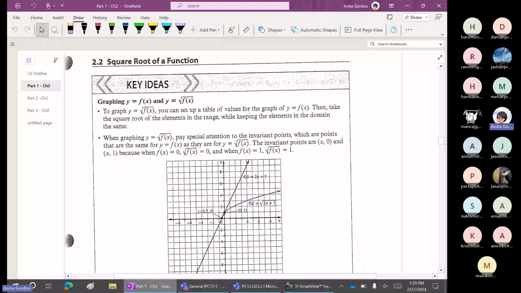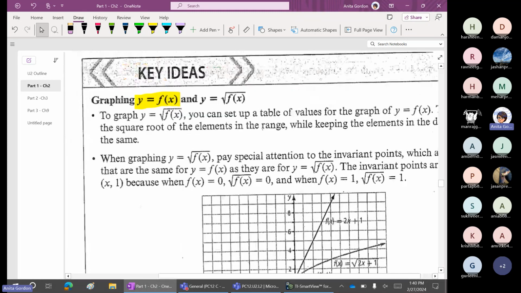All right, today we are going to be comparing what happens when you take any function f of x and put a square root on top of it to make it square root f of x.